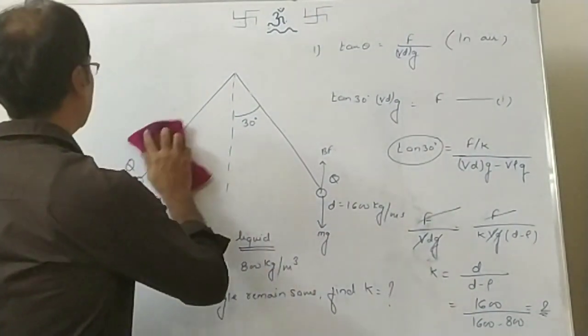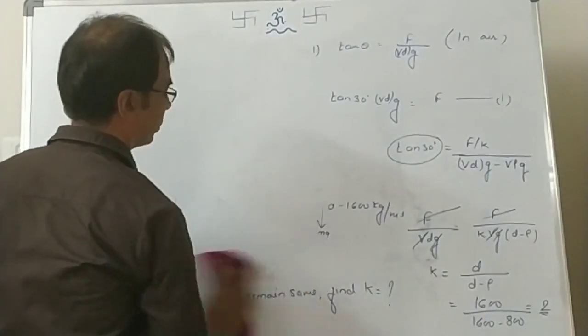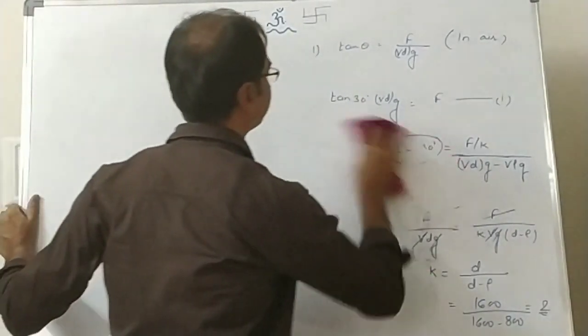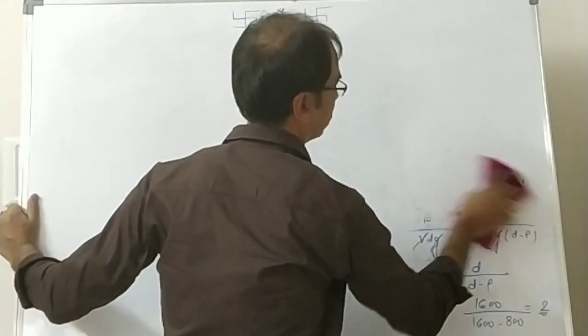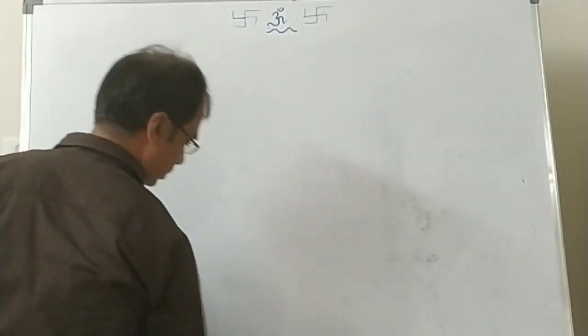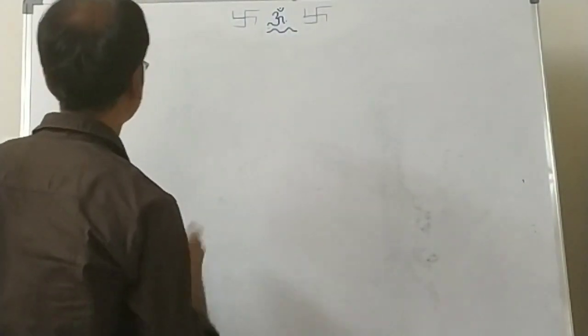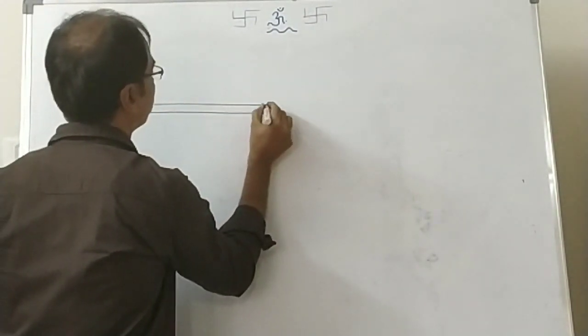Now let's do uniform charge distribution. I'll show you what it is. In a uniform charge distribution, how to find the force. So suppose we have a rod. There is a rod and there is a uniform charge distribution over it.